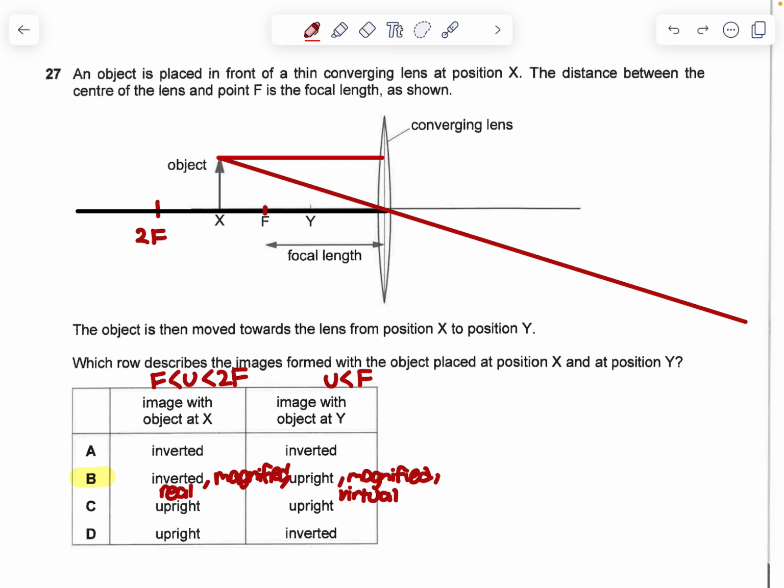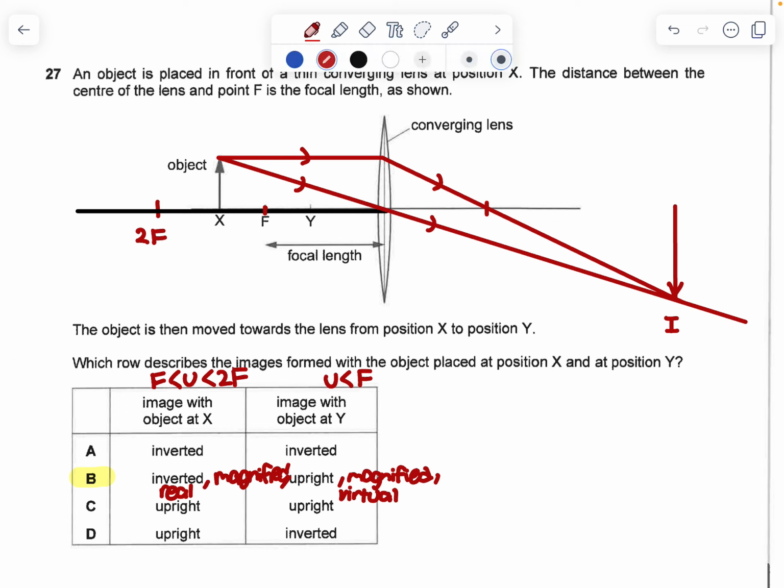You need to find the focal point first, here. Then we see the image. It's inverted, it's magnified, and it's real. I'll put the arrows.